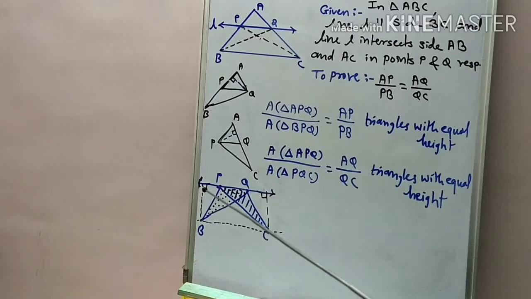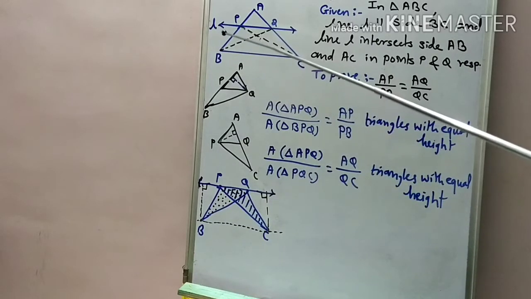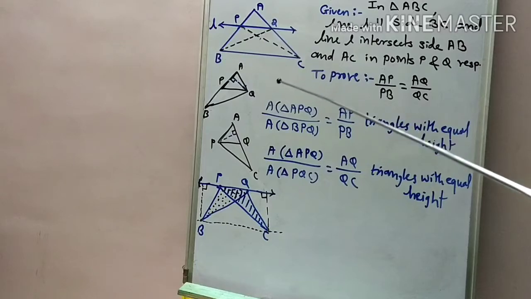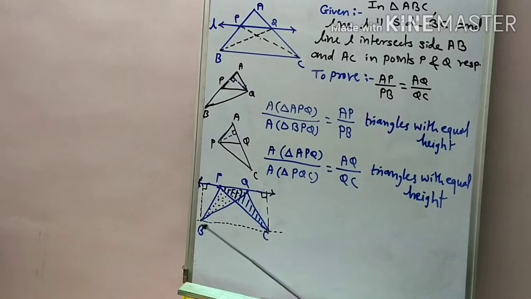But what is given is that the line is parallel to side BC, and these two perpendiculars are between those two parallel lines. And as we very well know the property, if two perpendiculars are between the same two parallel lines, then those perpendiculars are also equal in length, or we can say congruent.